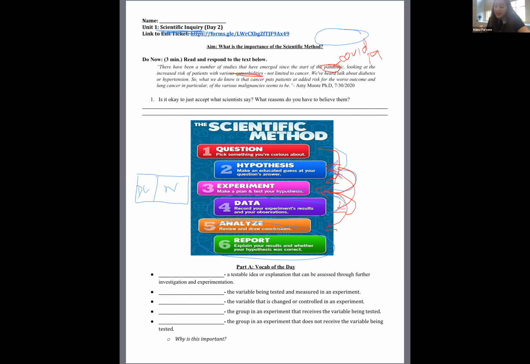So what we do know is that cancer puts patients at an added risk for the worst outcome, meaning death, with lung cancer in particular, because we know COVID-19 affects your lungs, in particular of the various malignancies. So what is this passage actually saying to us? It's saying that there have been a number of studies, right?